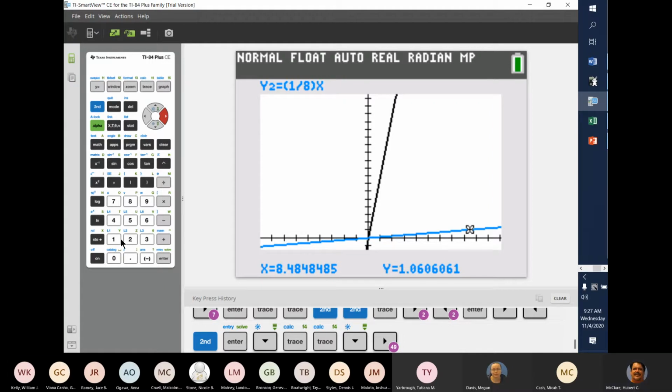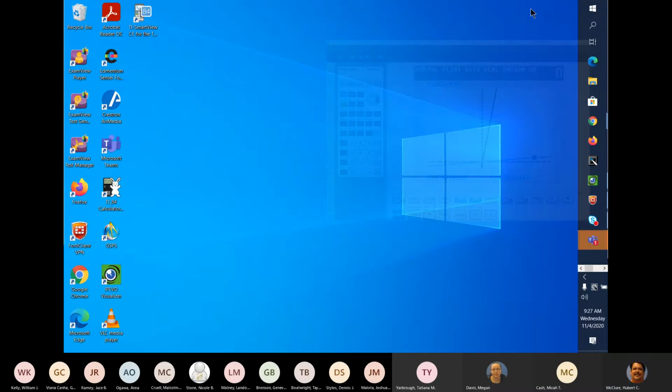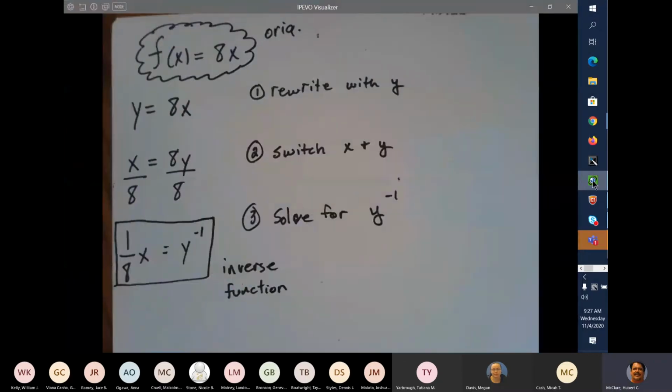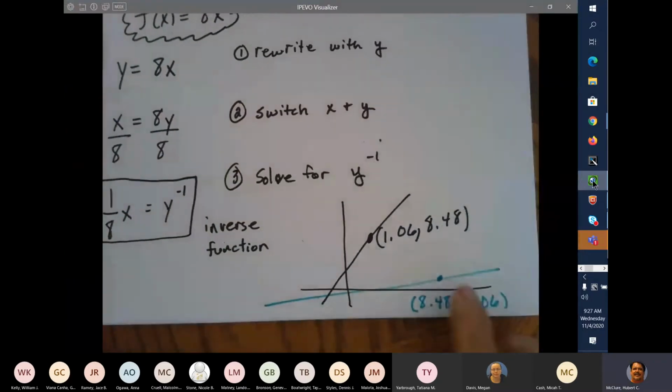It's the opposite of the other points. 8.48 and 1.06. Write that down because that's what you need to know for an inverse function. Okay? The inverse function basically is the flip-flop with the x and y of each other.